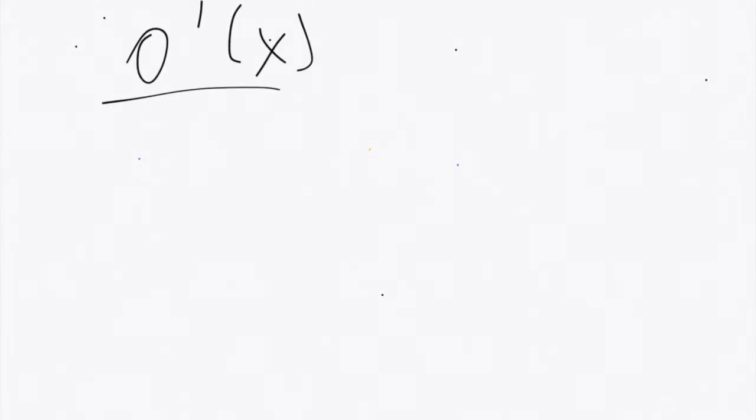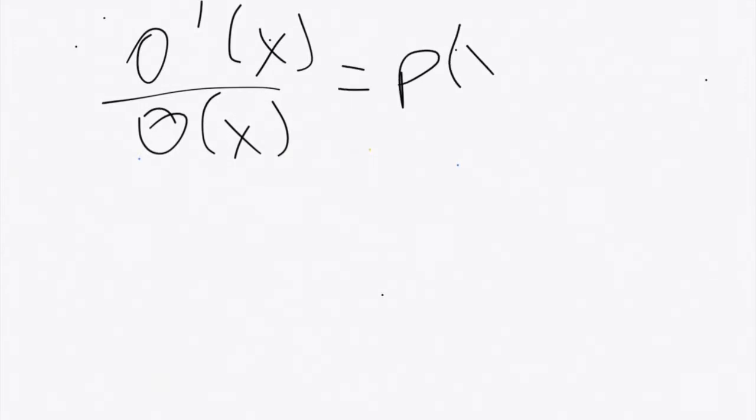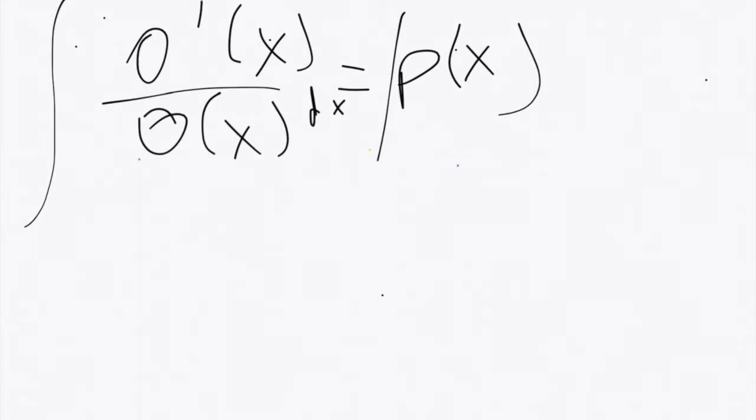And so since we know o prime of x over o of x is equal to p of x, we're going to integrate both sides with respect to dx. I'm going to put in a dx there. Let's make the integral sign nice. Integral sign right there. And here's our integral expression.